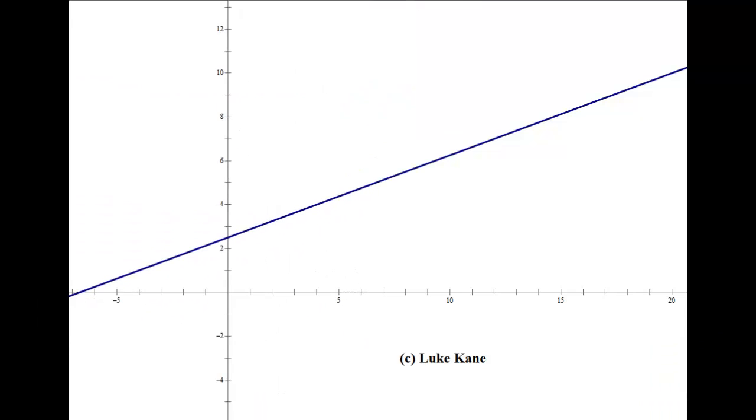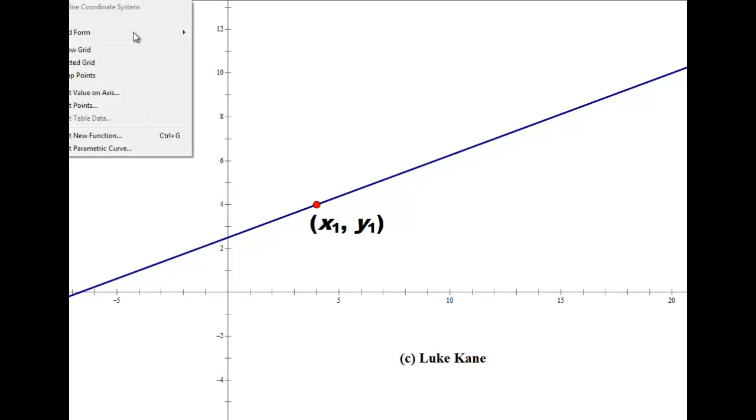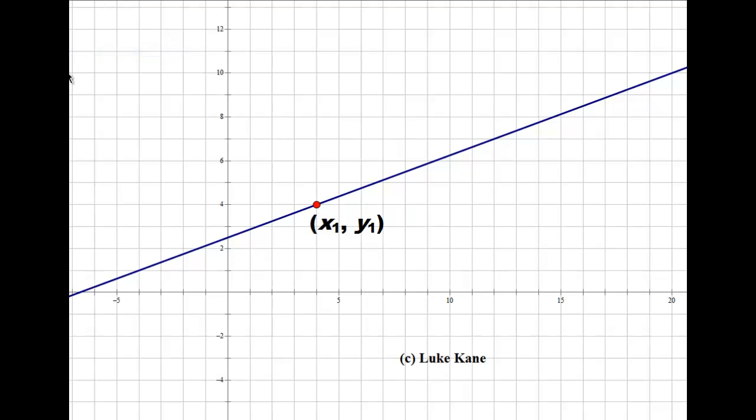Okay, so here we have a line plotted on a Cartesian coordinate system. Now let's be given a point, a fixed point. Let's call it x1, y1. In this particular graph, we actually know the value of x1, y1.